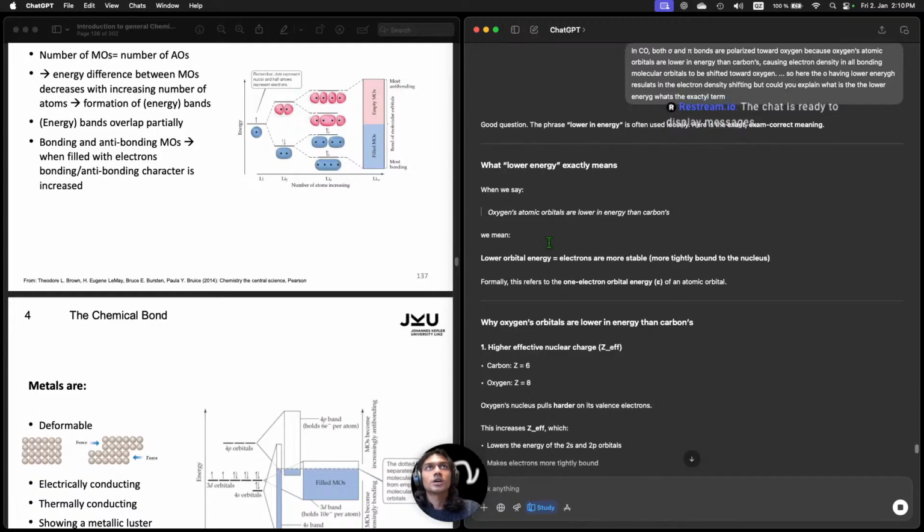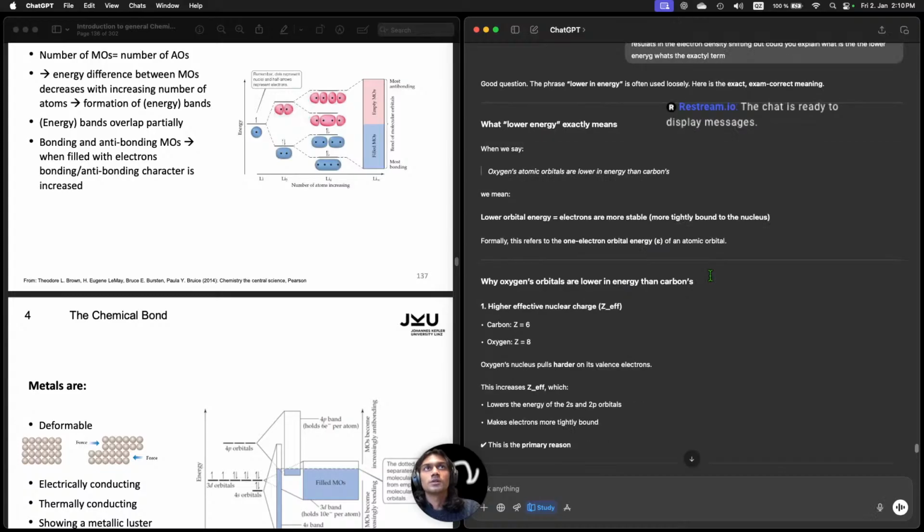Lower energy means oxygen's atomic orbitals have lower orbital energy, so electrons are more stable.